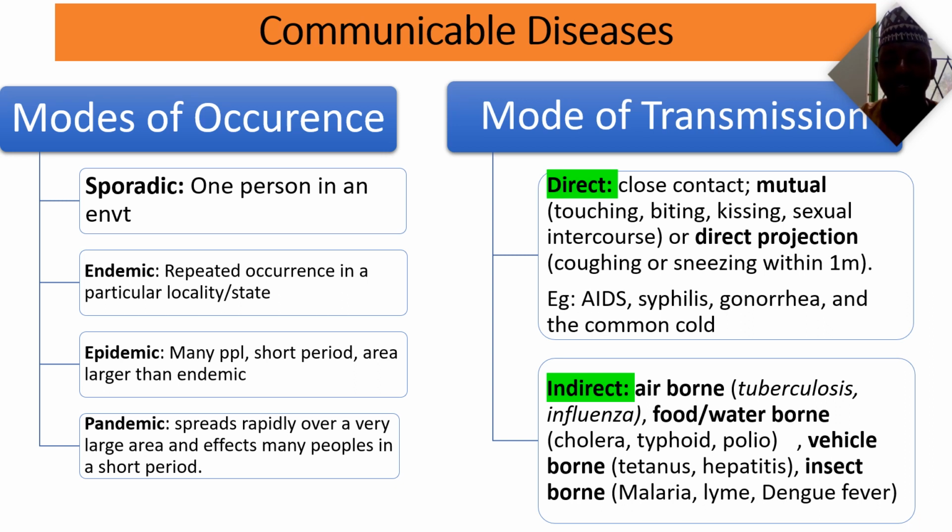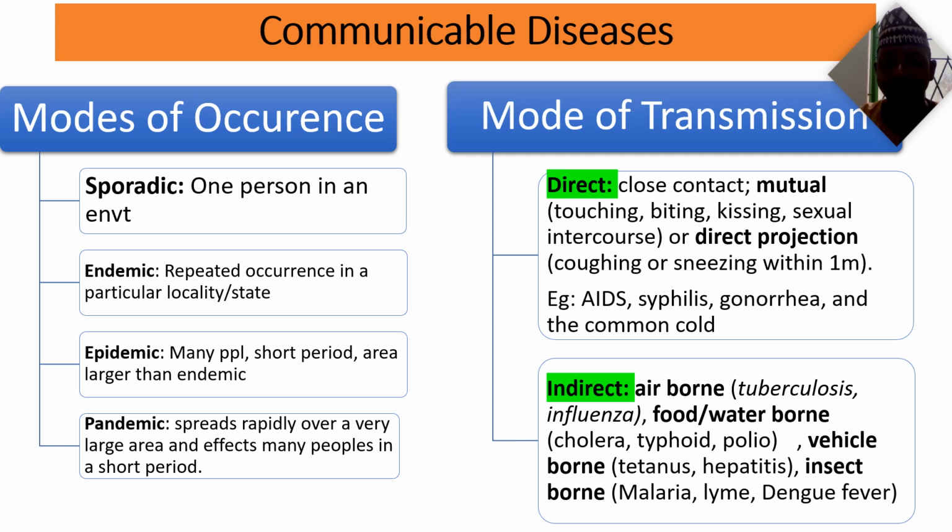That means a certain element in the environment helps to transmit the disease from the infected person to the uninfected person. This type of indirect transmission can occur in several ways.